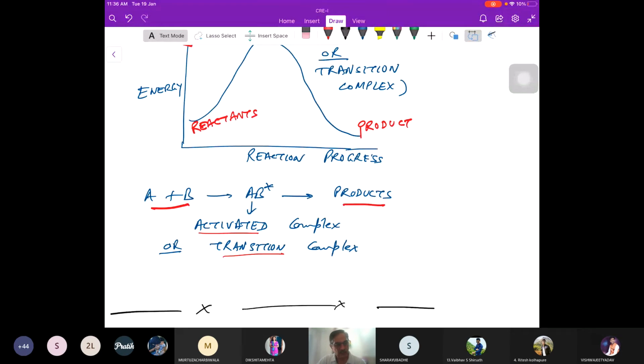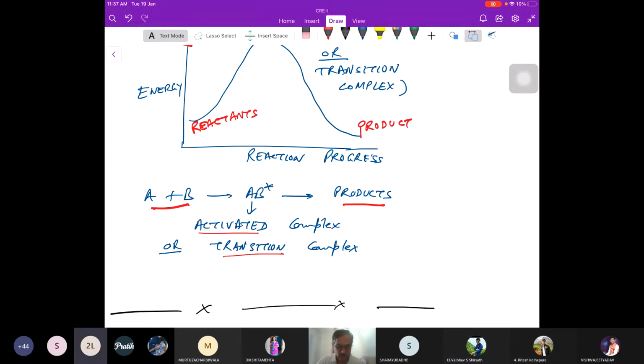Any questions on types of intermediates? ये सब पढ़ा हुआ आपका केमिस्ट्री में, but I think it's like a revision. पढ़ा है कि नहीं आप लोगों ने केमिस्ट्री में? Yes, no, don't know?